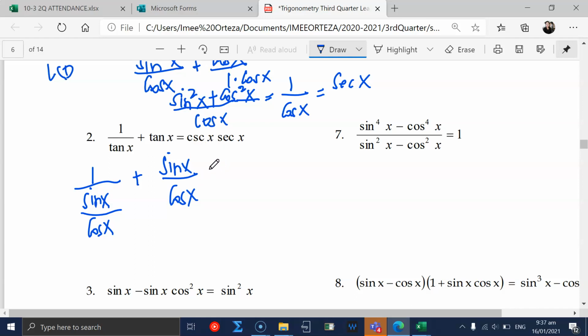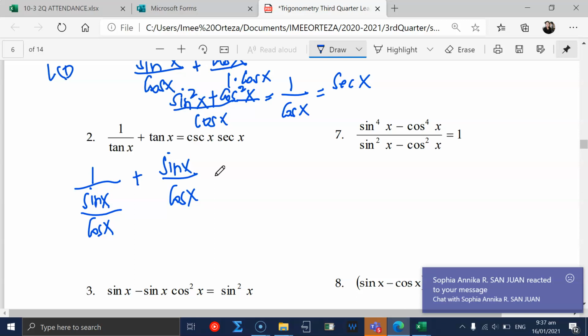You may either work on the left side only to show the right side, or work on the right side only to show that it's equal to the left side. But there is also another technique wherein you work on both sides and end up with the same expression on the left and right, provided that you wouldn't transpose or mix the left and the right side. Okay?